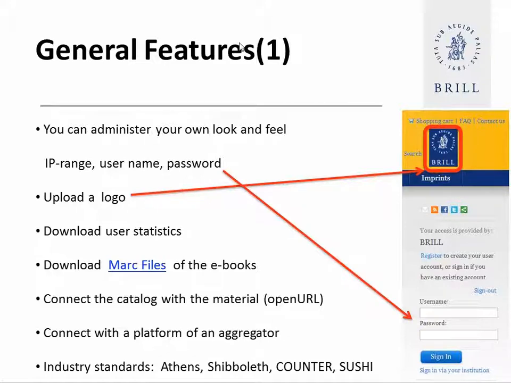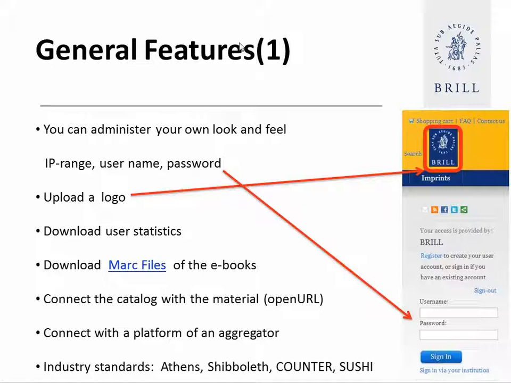First of all, some general features of the online products we carry. The demo I'm going to give you in about 15 minutes, you'll see that we have the Brill logo everywhere. But most institutions will add their own logo, so it will be a more personalized version of the online products.